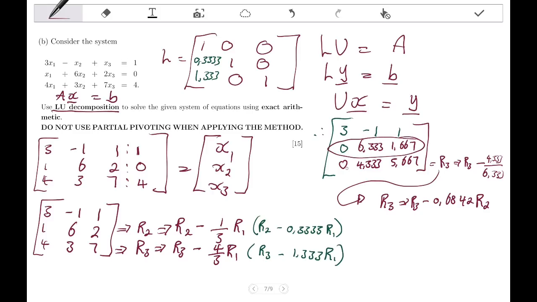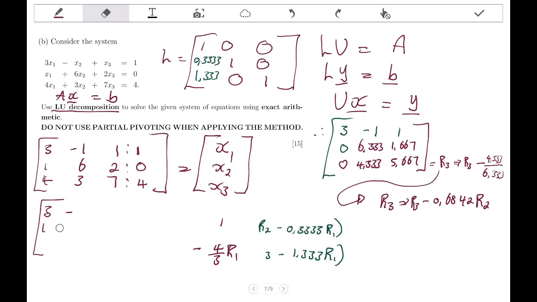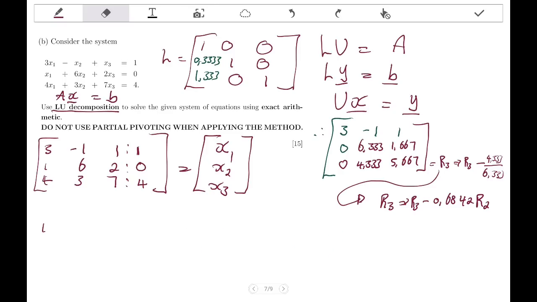So if I use row 2 to reduce row 3, then after doing that, I will get a new matrix. The new one is going to be 3, minus 1, 1, 0.